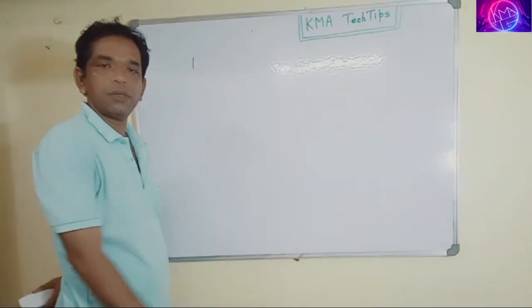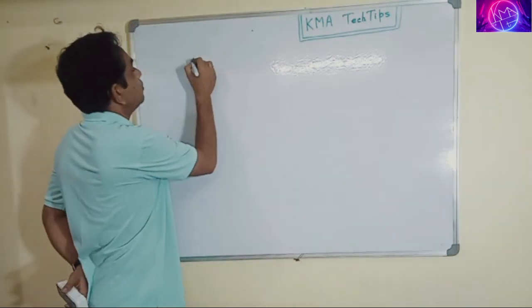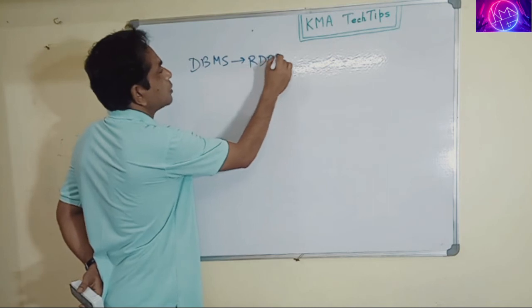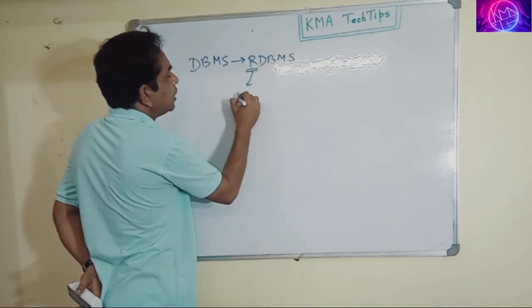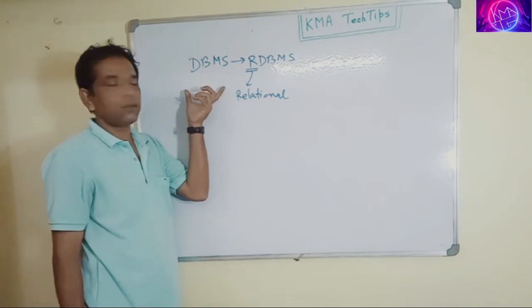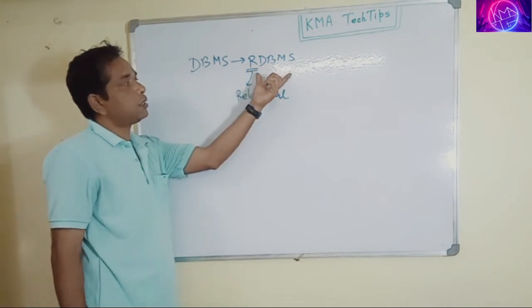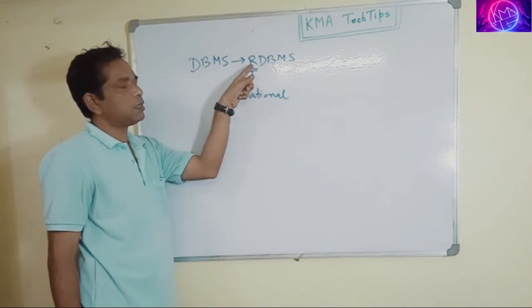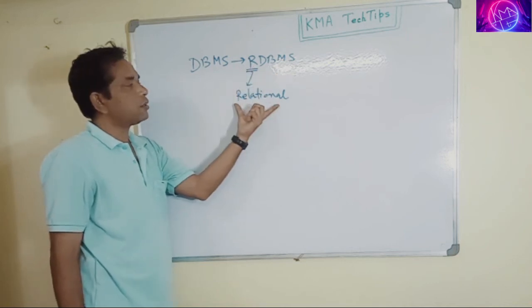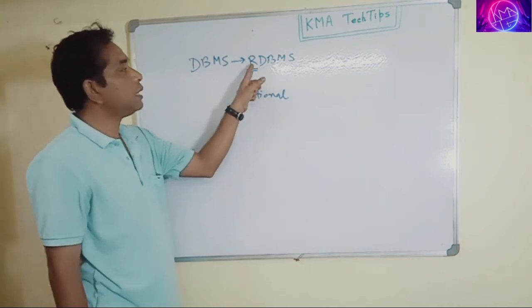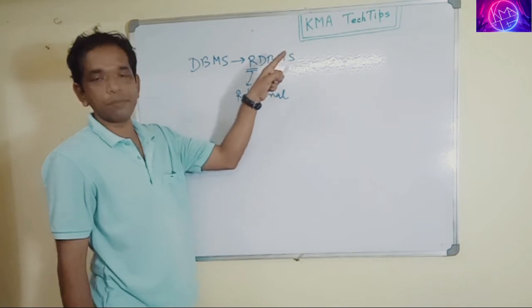Now, from the term DBMS, we need to move to RDBMS. Earlier we saw what DBMS is. Now we will understand what RDBMS is. The letter R here stands for relational, so it's going to be relational database management system.